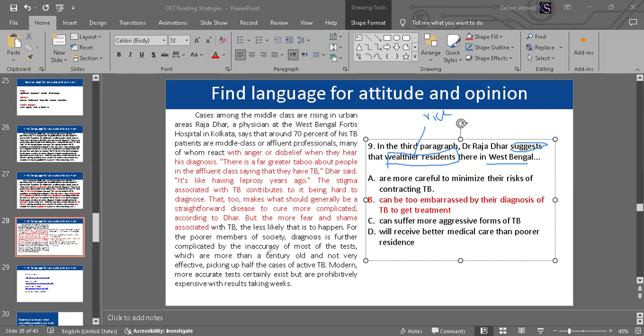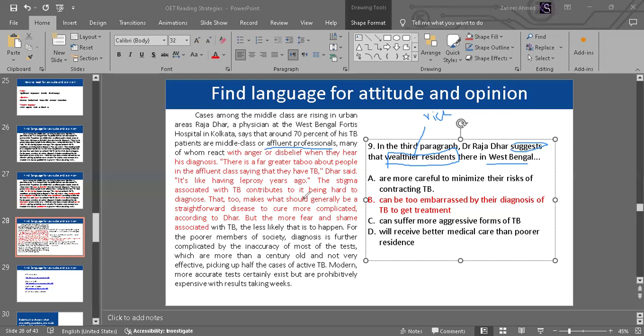Now you read all the highlights. He says that around 70% of his TB patients are middle class, are affluent. What does it mean by affluent? Rich professionals. Many of whom react with anger, disbelief when they hear about the diagnosis.